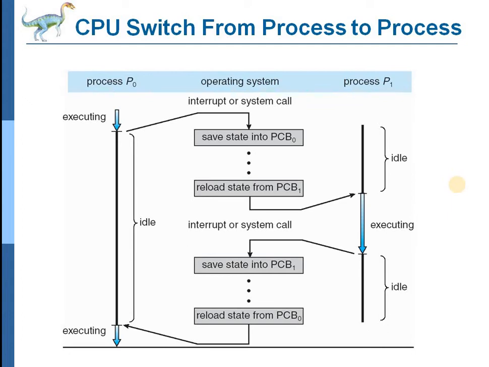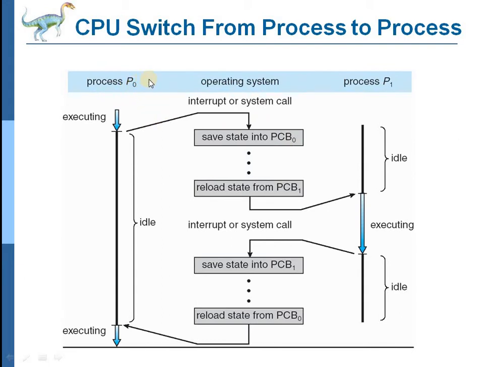In this diagram, initially process P0 is running. It is in the executing state. Process P0 is switched out and process P1 is switched in because of an interrupt or a system call. Context switching involves saving the state of process P0 into PCB0, because when each process is created, its PCB is created at the same time.